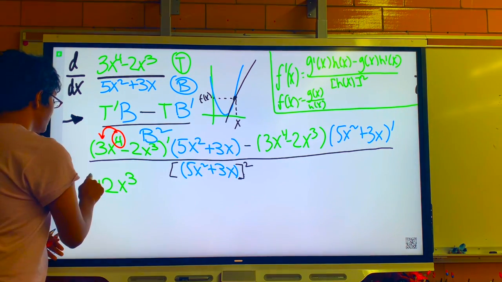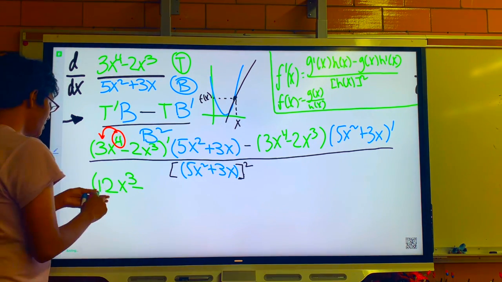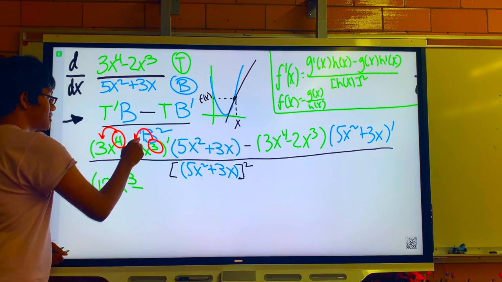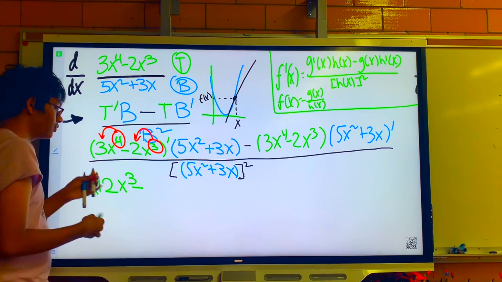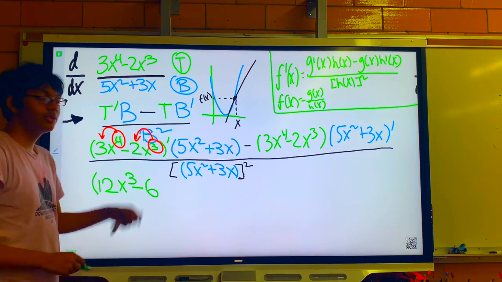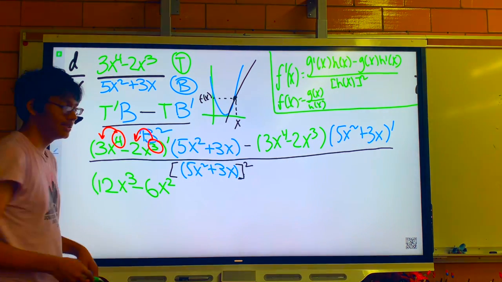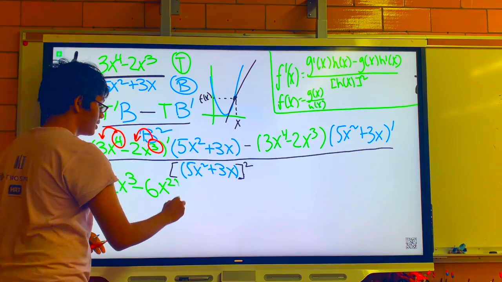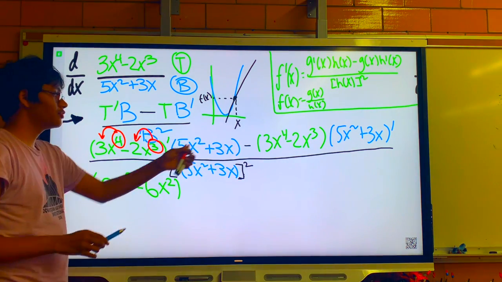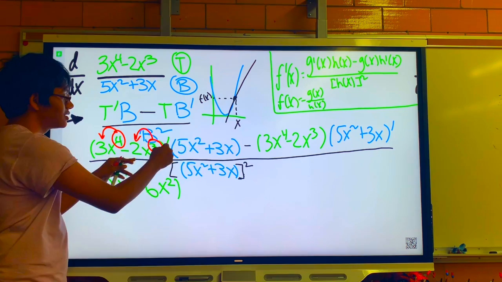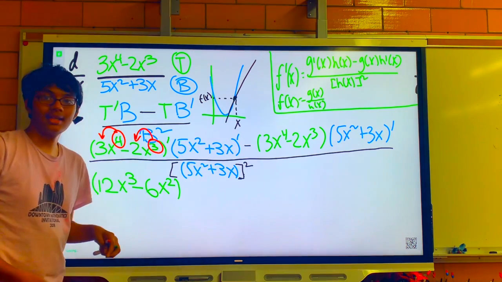Okay, continue doing that. Same thing here. I use the power rule to multiply this exponent with this coefficient. 3 times 2, well, that's just 6. And I reduce this exponent of 3 by 1, so that I get x squared instead of x cubed. Alright, remember, we're not taking the derivative of the bottom function yet, because as you can see, there's no sign like that.